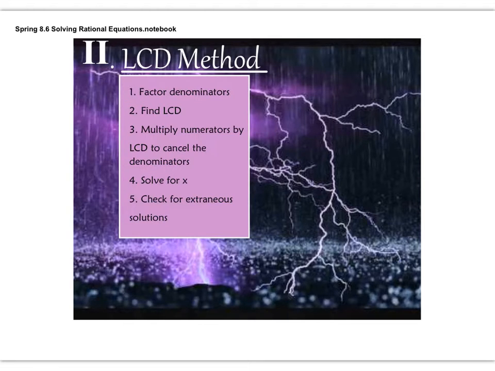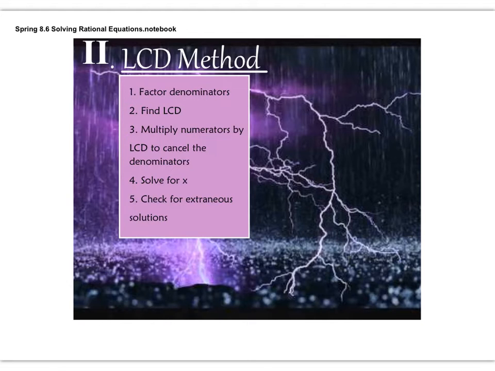So referring back to your flowchart, here are your steps. Step 1, you will factor your denominators. So we are back to just factoring the bottom. Then you're going to find your LCD. Hopefully you remember how to do that from the earlier sections.